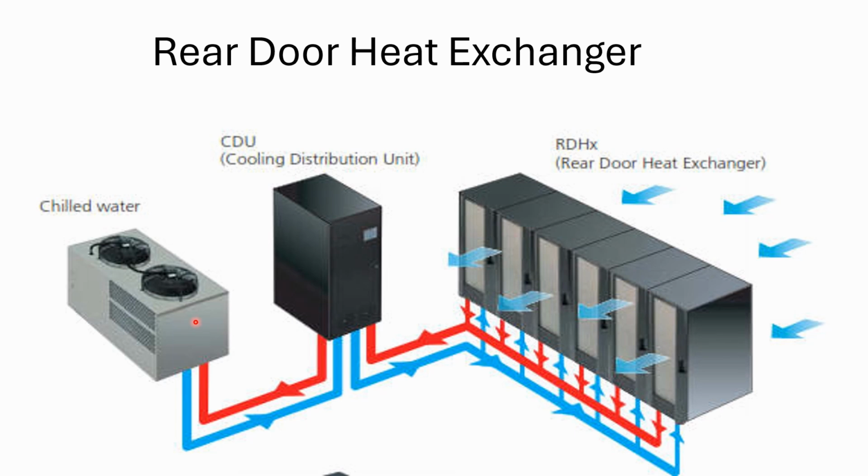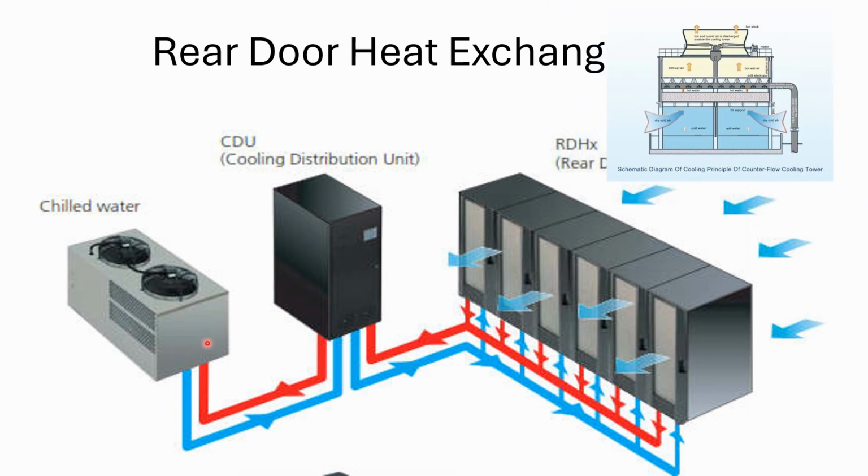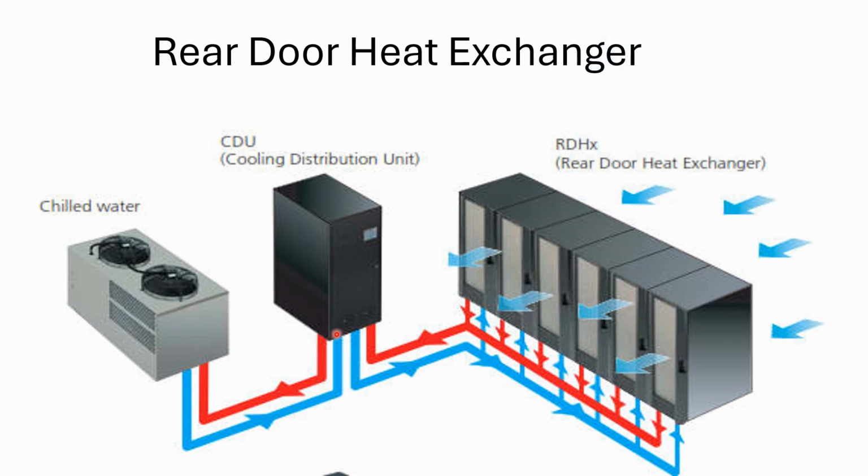The hot water then circulates to the CDUs, and in the CDUs the heat from this loop is transferred to the cooling tower or chiller loop. This is the basic diagram for the rear door heat exchanger.